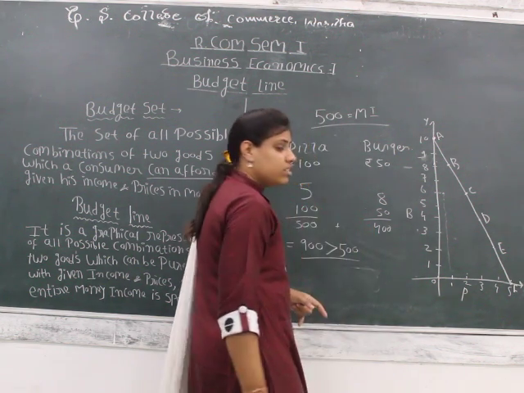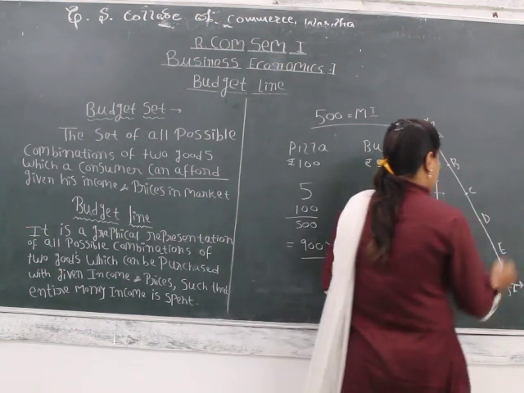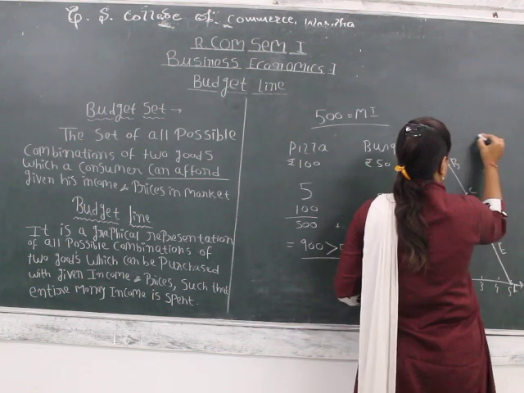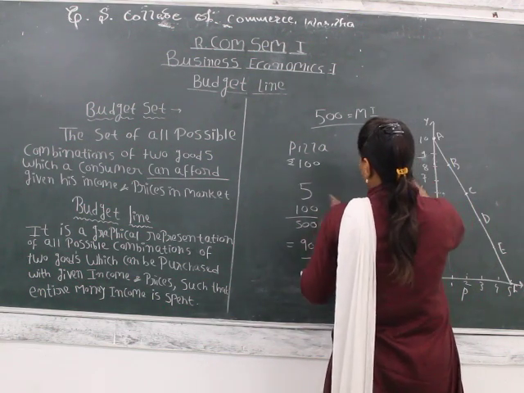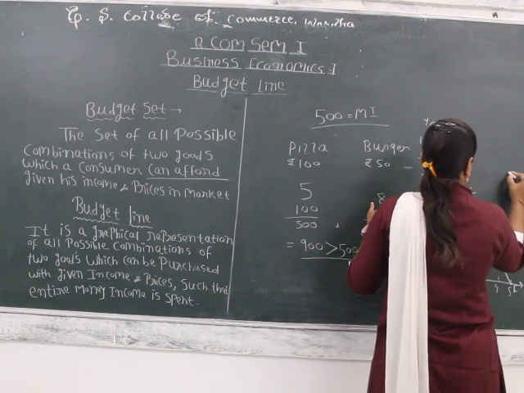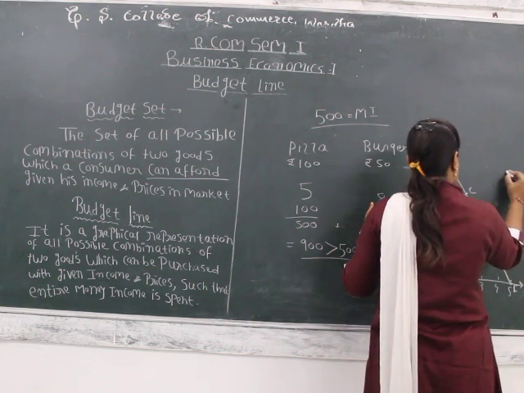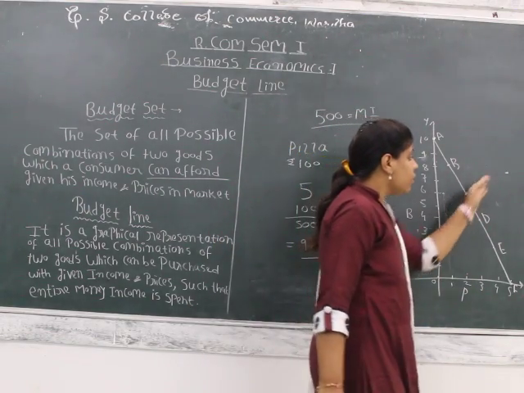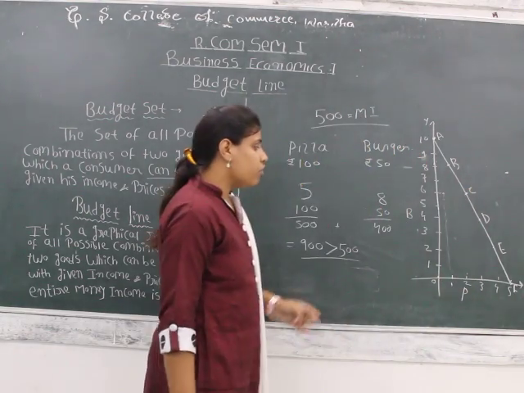So any combination lying above the budget line is not affordable for the consumer. Like here he wanted to buy 5 pizzas and 8 burgers, right? So this point will lie here.